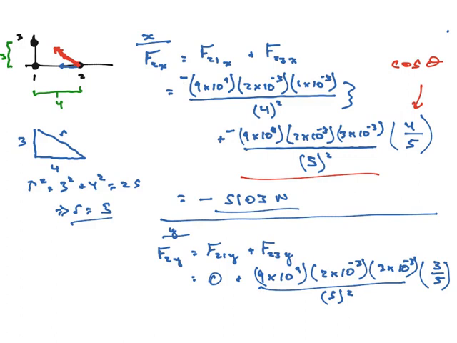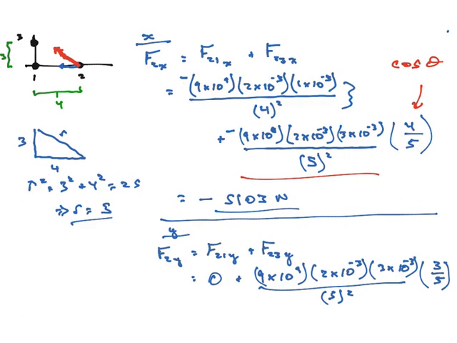That's only true if the distances are the same as we're dealing with in this problem. But these are the distances here, so the y part, sine theta, is the y side over the hypotenuse, which is 3 over 5. One more piece, is this positive or negative? Well, 2 is attracted towards 3, which means it wants to move up and to the left. In the y direction, up is positive. So this is just positive.